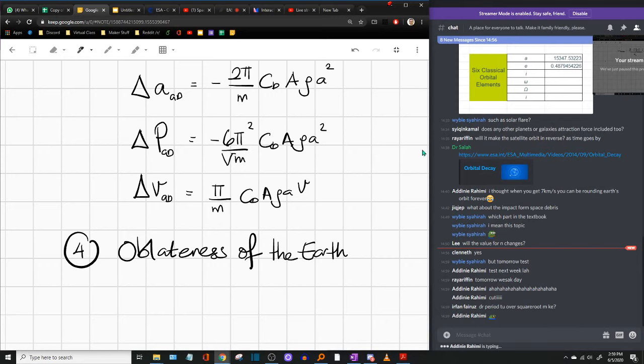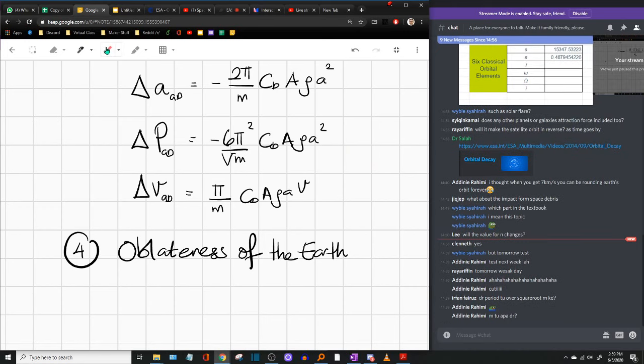No, Irfan, not that. So this is actually an approximation. If you see it the first time, it doesn't really correlate with what we know about the orbital period formula so far. The orbital period formula that we've learned is derived from Newton's universal gravitational law.